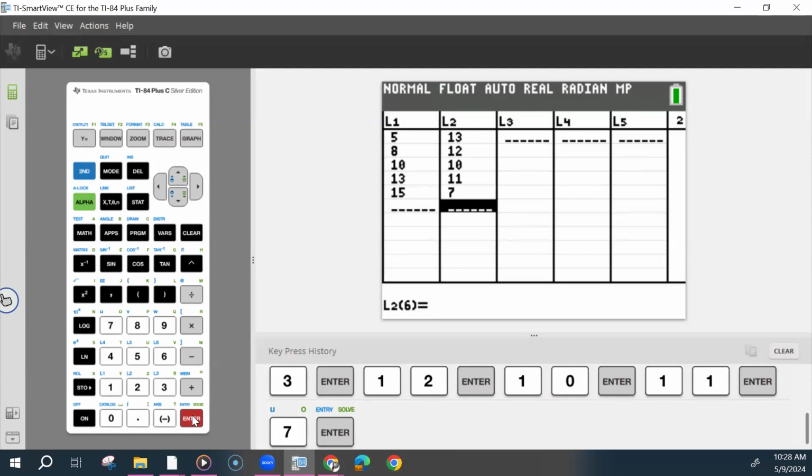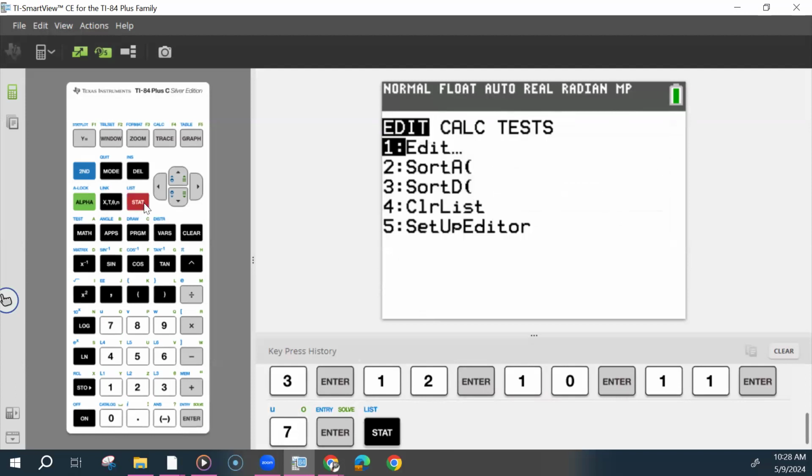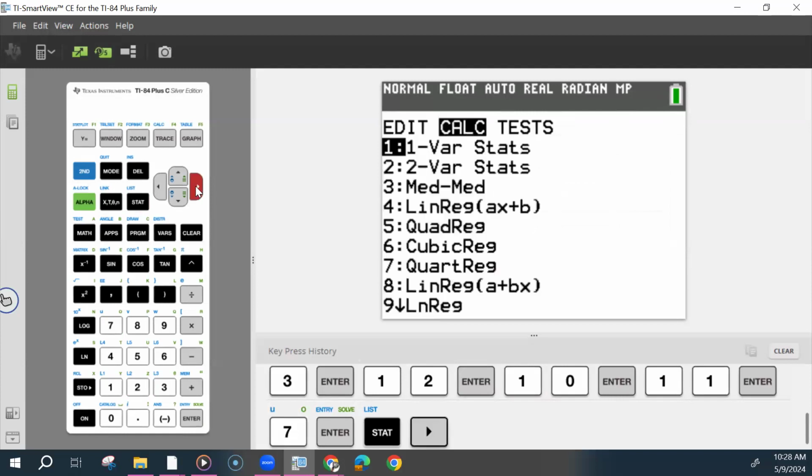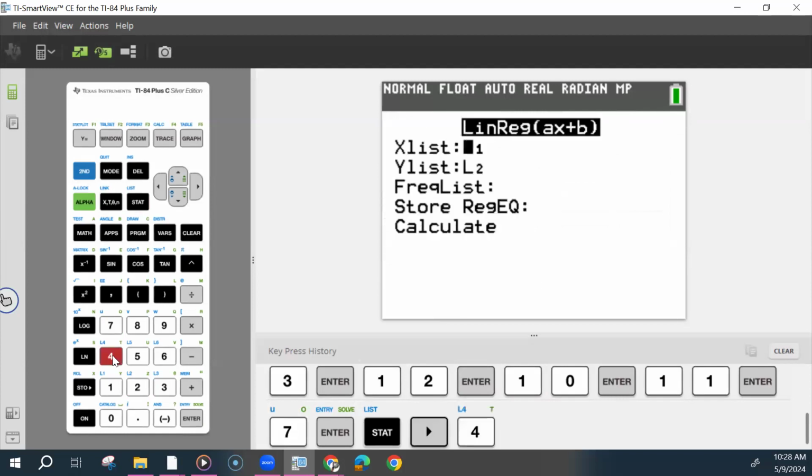And then once you have all of your data, go back into stat. Scroll over to calculate. Down to number 4. So stat, calculate number 4. And then we just need a linear regression, so go all the way down and hit calculate.